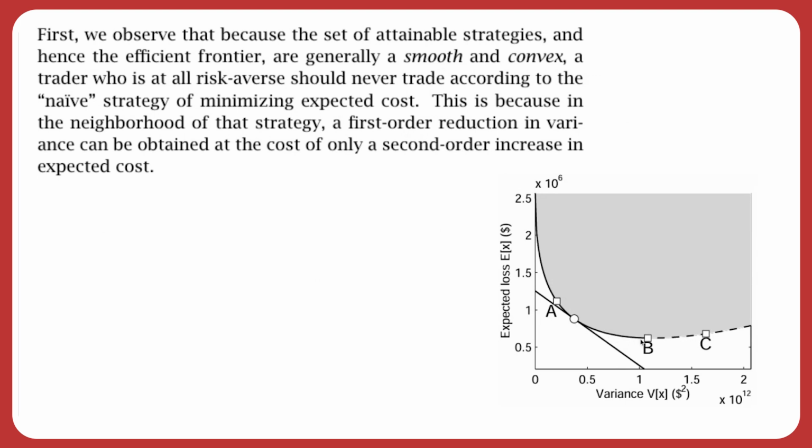So you can see this here. We're going from B to A. We only have a small increase in our expected trading loss, but a really, really large decrease in the variance. And that's really crucial here, and that's what the authors are pointing to.